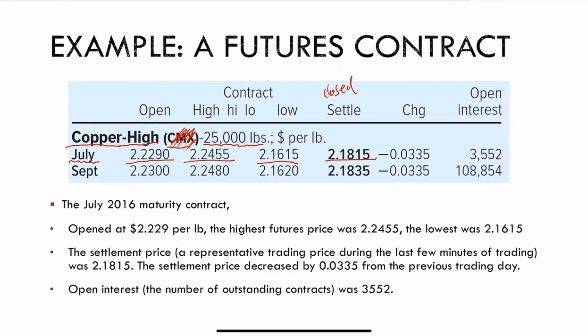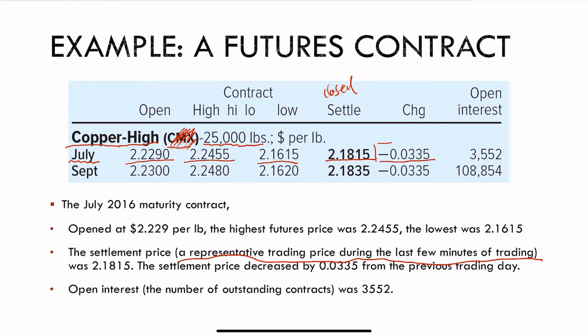However, in the world of futures contracts, we don't use closing price. We use settlement price. And settlement price is a representative trading price during the last few minutes of the trading. So by definition, this is equivalent to a closing price. And the change, right?